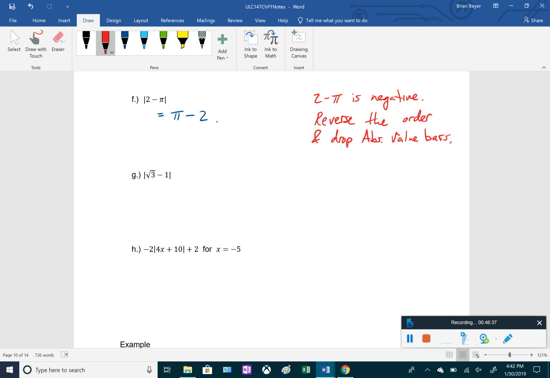So for the next one, the absolute value of radical 3 minus 1. Radical 3 minus 1 is actually positive. It's 1 point something.